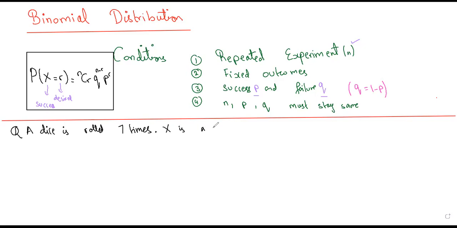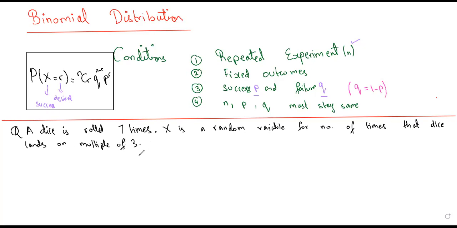X is a random variable for number of times that dice lands on a multiple of 3.